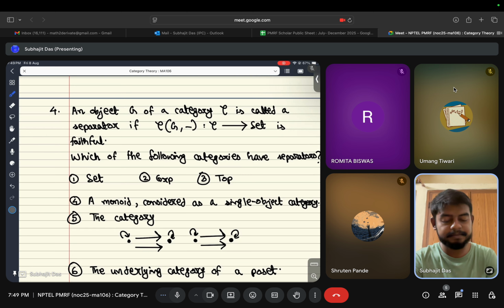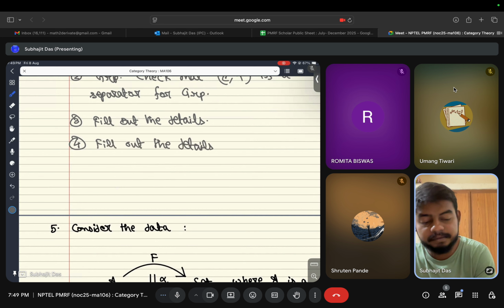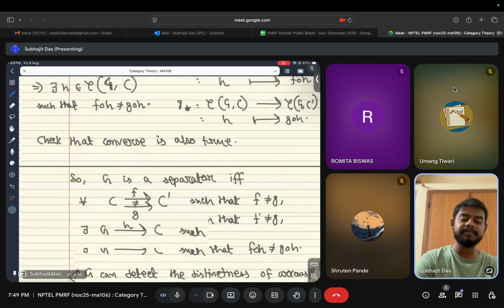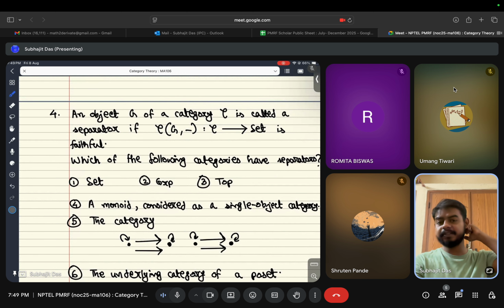Think about this. The answer should be yes, and everything depends on the fact that a monoid has an identity element, or a category with a single object has an identity arrow.